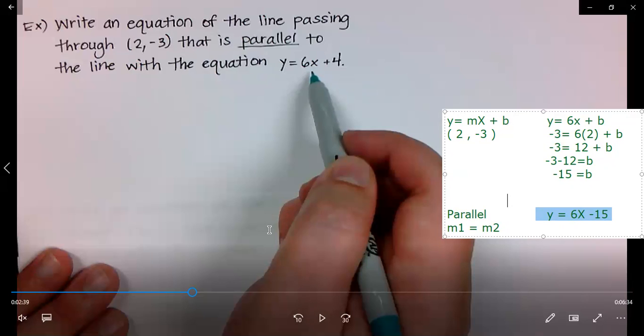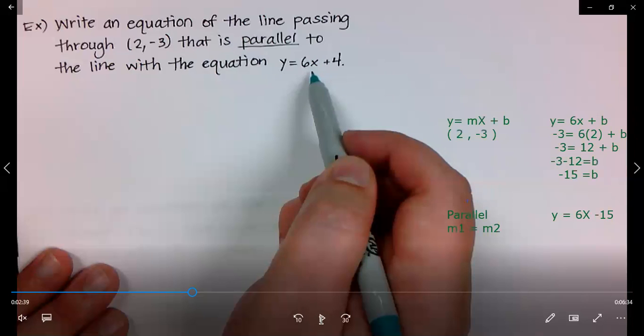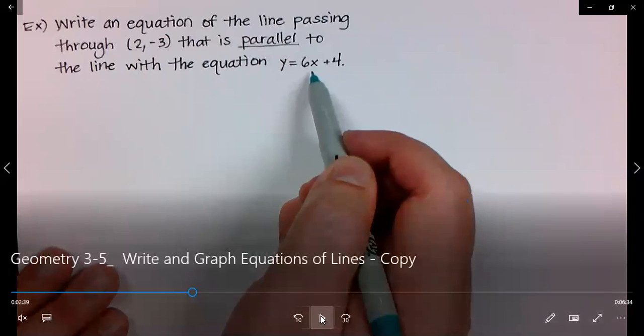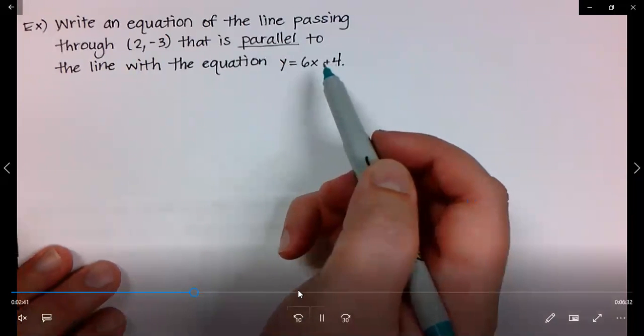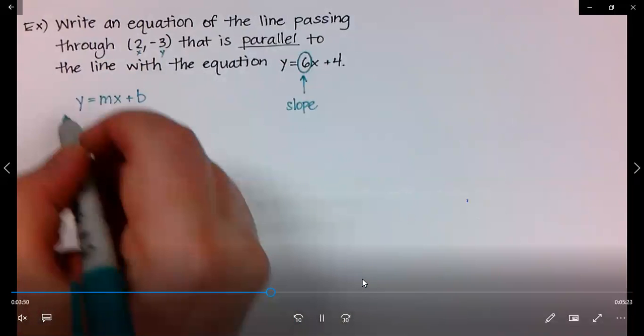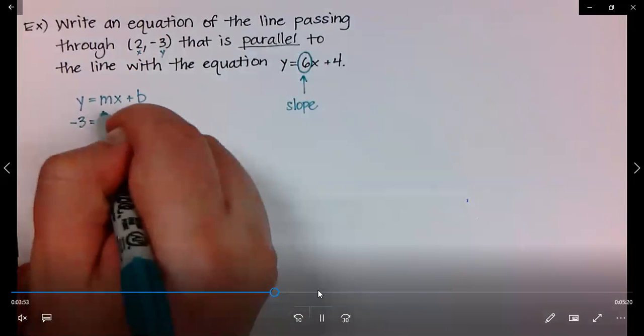Let's continue with the next type of equations. So we talked about when we have two parallel equations, then we will use the same slope in the first and the second.